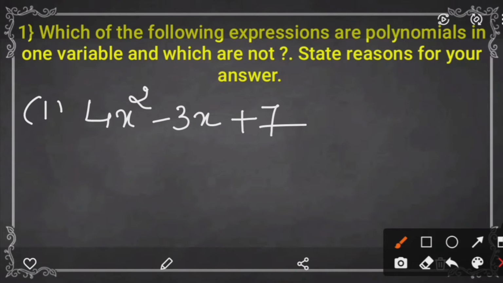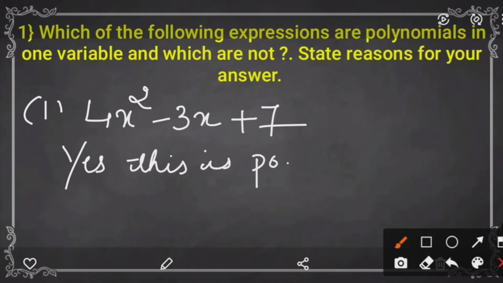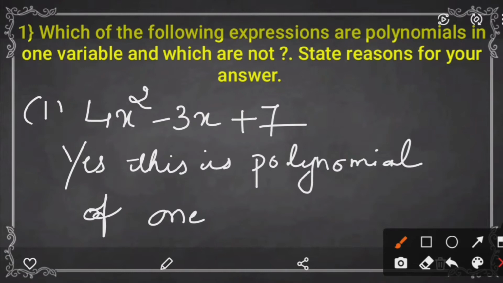Yes, this is a polynomial of one variable. Which is that variable here? x. Okay, this is a polynomial of one variable.